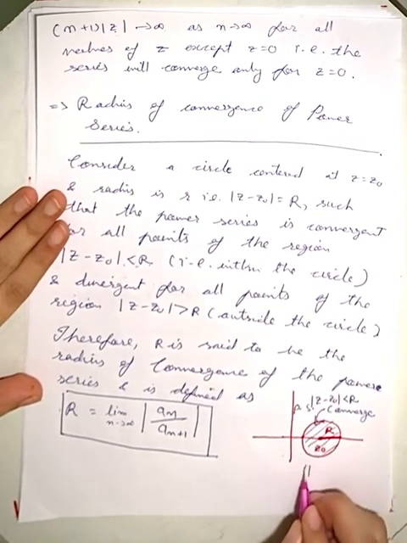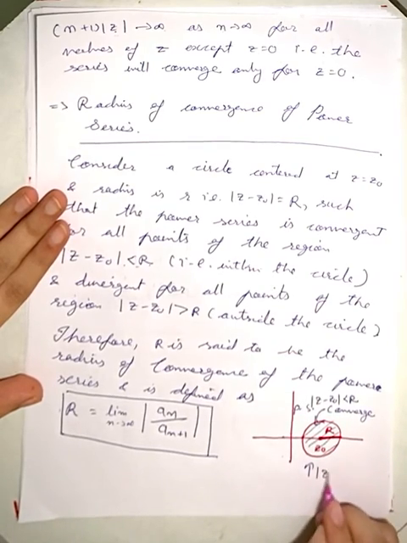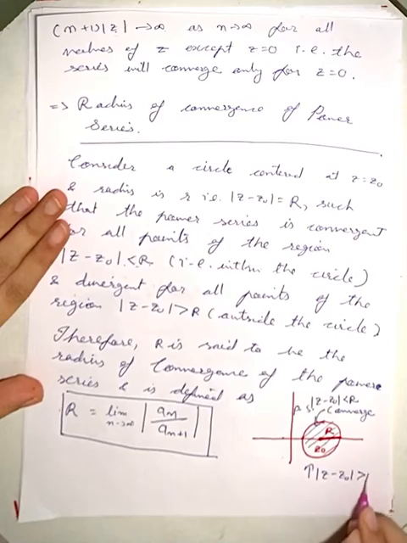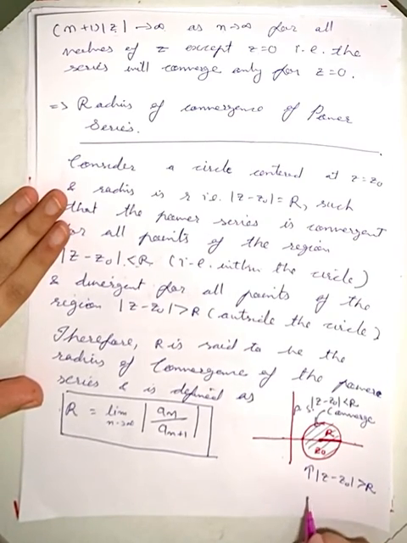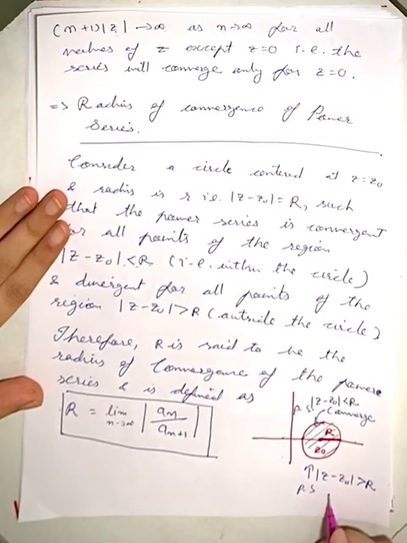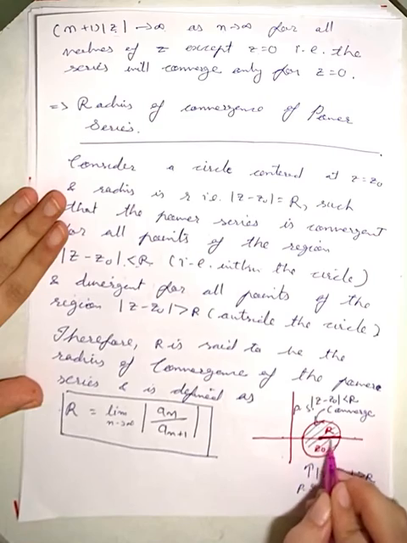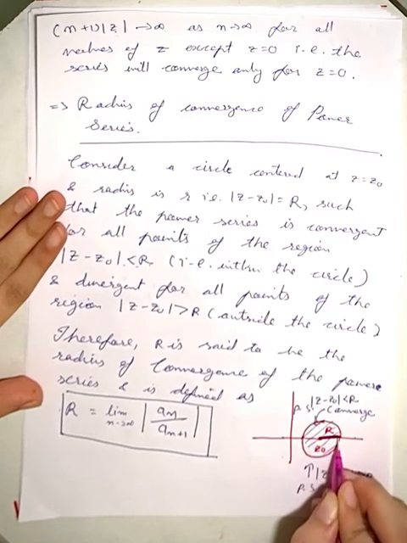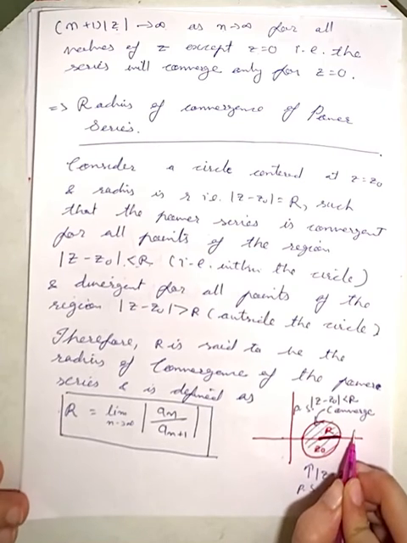And in the outside region, everywhere outside this circle, which is the region |z minus z0| greater than R, the power series will diverge. So this radius of convergence is the bridge between the convergent region and the divergent region.